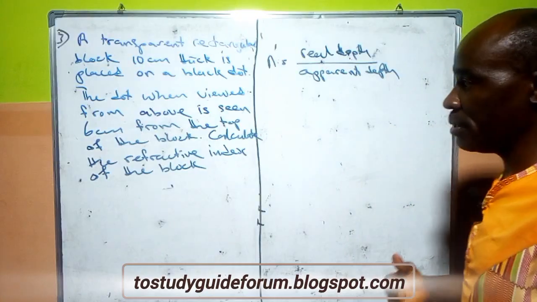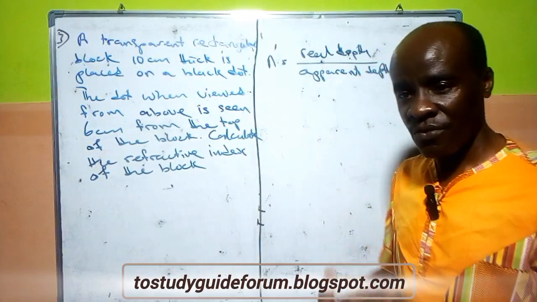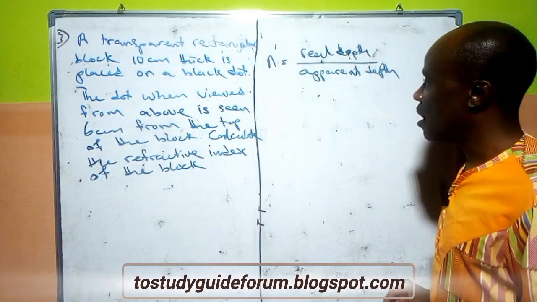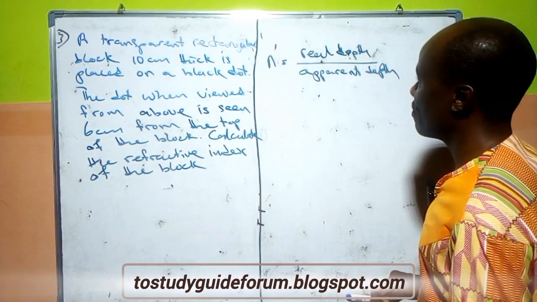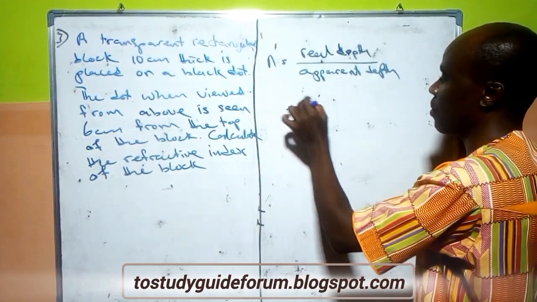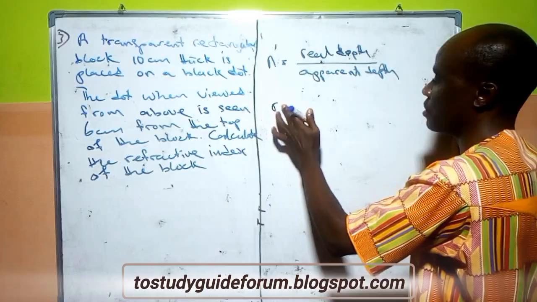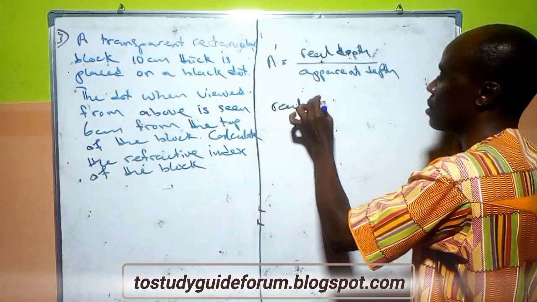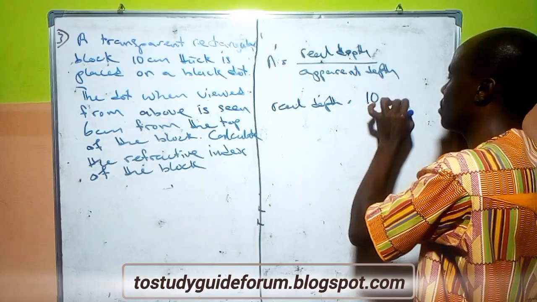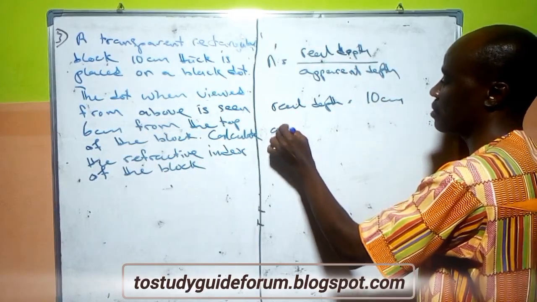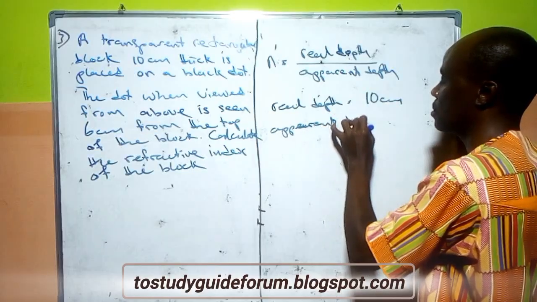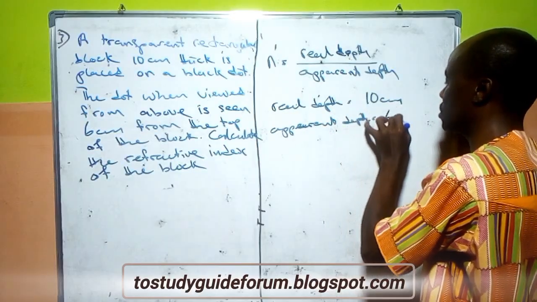Whenever you see a question like that, feel free to try your hands on them so that you get used to each of them. So we have our real depth. The real depth is 10 cm, while the apparent depth is equal to 6 cm.